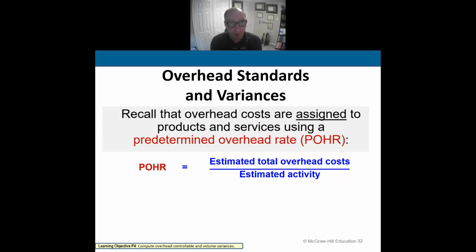We talked about how the predetermined overhead rate is assigned. It's usually based off of some type of activity. Oftentimes, it's based off of hourly employee rates. That's the estimated activity, the activity base. So to find the predetermined overhead rate, we take the estimated total overhead cost, the budgeted overhead cost, divided by the estimated activity, number of employee hours.